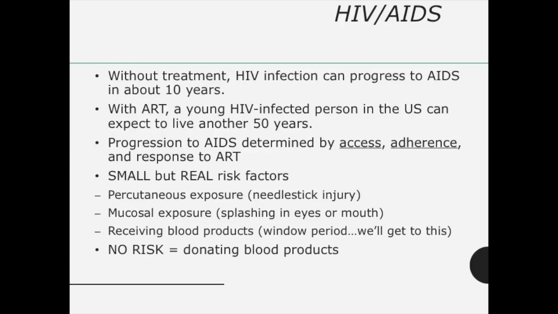Without treatment, HIV can progress to AIDS in about 10 years. With the antiretroviral treatment, a young HIV infected person can expect to live around 50 years. So we treat HIV more as a chronic illness that you will treat with those antiviral drugs now, and you can live with HIV.